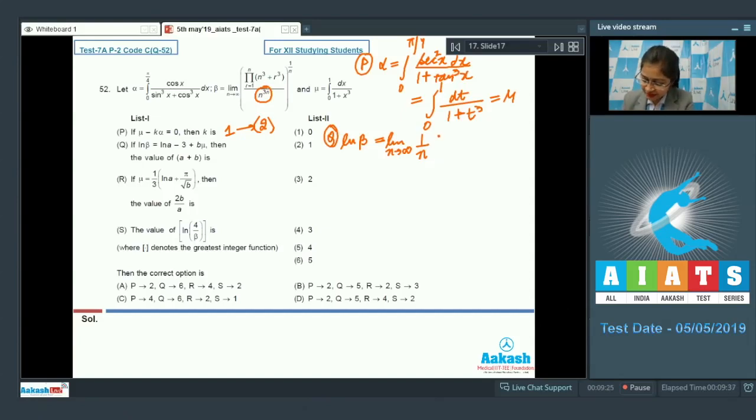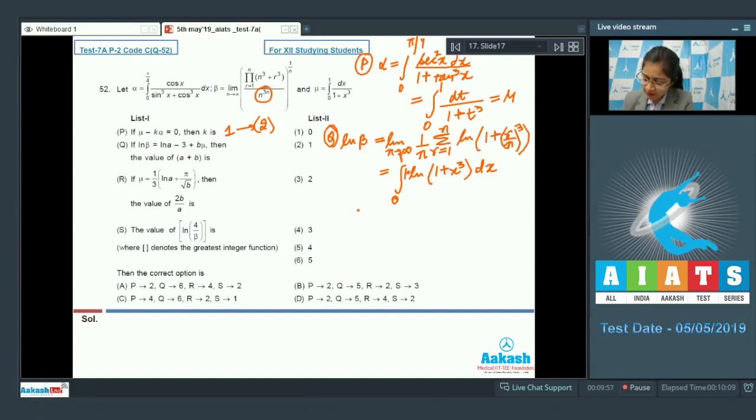That is, we can write it as summation r equal to 1 to n ln of 1 plus r by n whole cube. Now here converting it into integration, it is equal to integral of ln of 1 plus x cube dx, where x is going from 0 to 1.